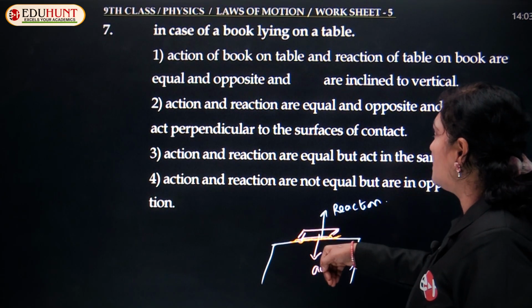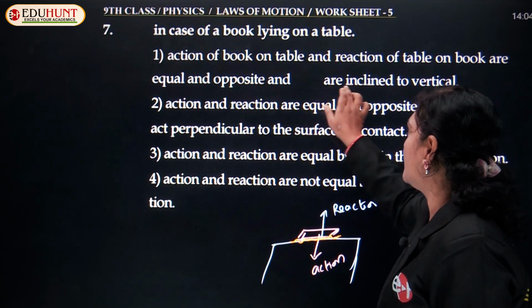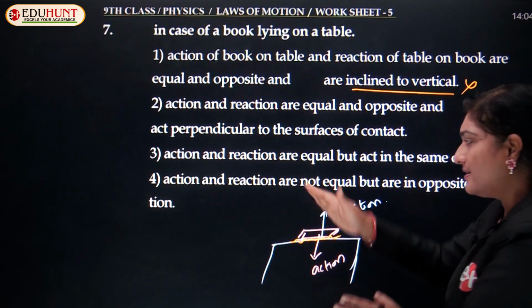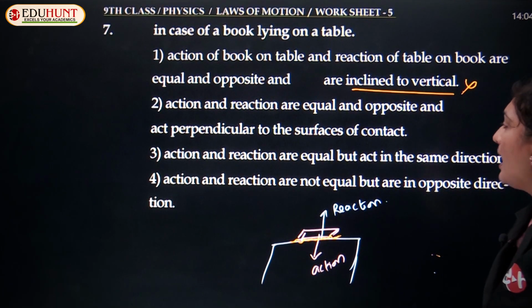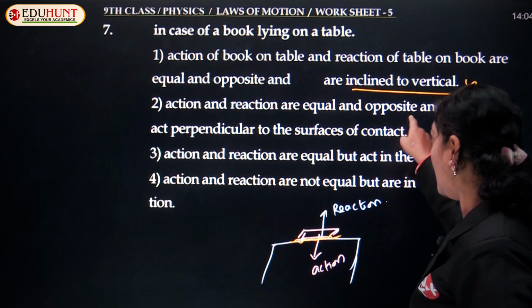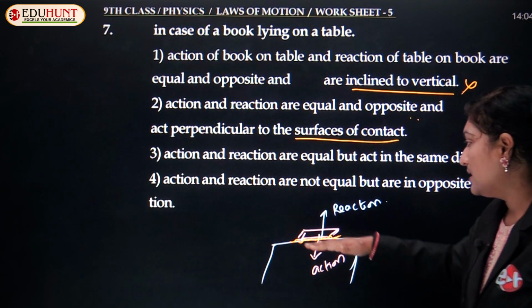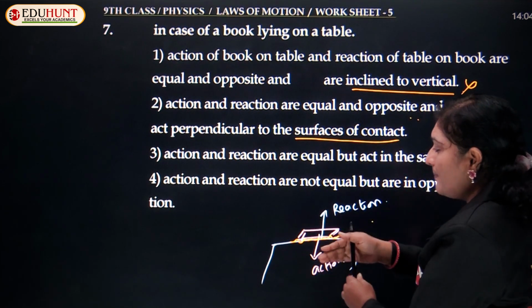Action of the book on the table and reaction of the table on the book are equal and opposite and are inclined to the vertical. Are they inclined? Are they in a slanting position? No, they are not in a slanting position. Action and reaction are equal and opposite and are perpendicular to the surfaces of contact. This is the surface. Surface and action, how are they both?